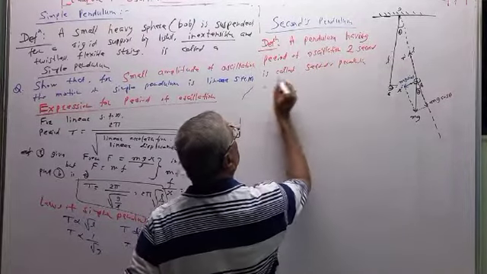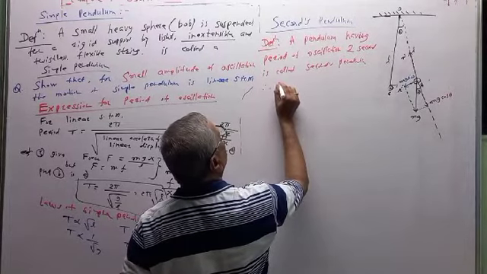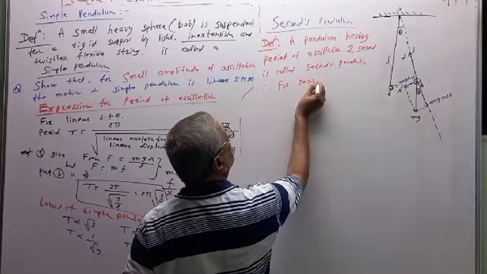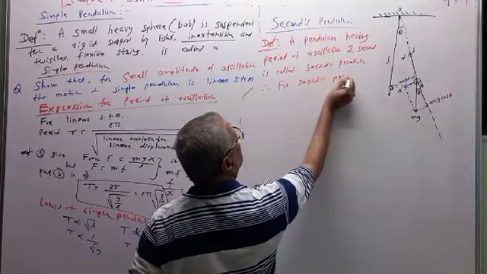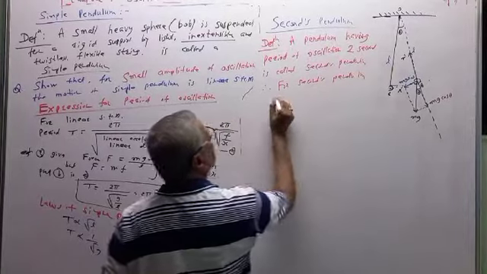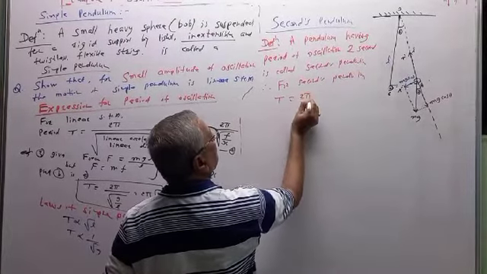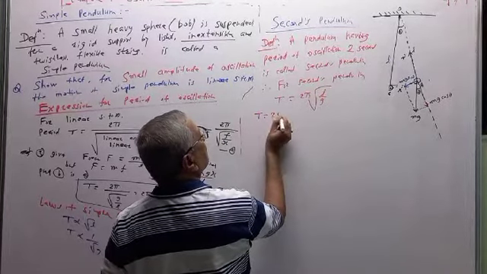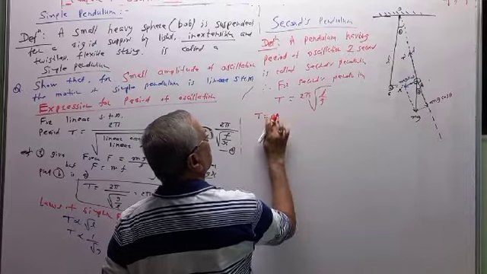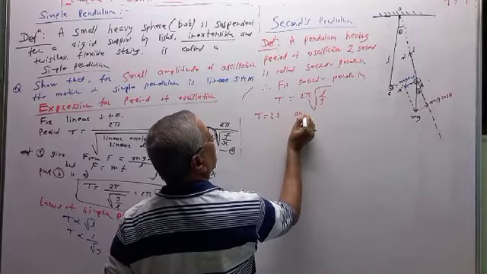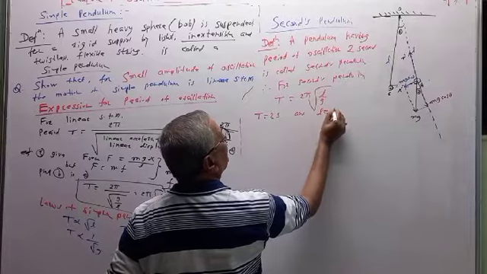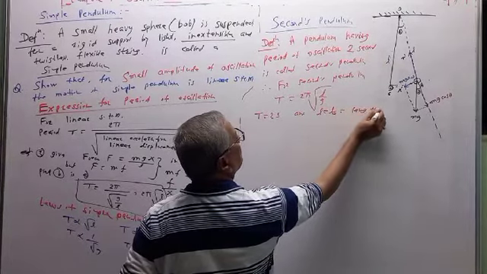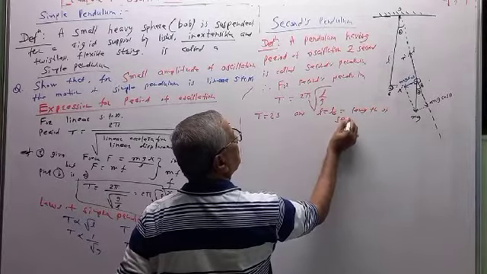Therefore, for our seconds pendulum, T is equal to 2 pi multiplied by under root L by g. T is equal to 2 seconds, and L, sometimes we denote it by Ls, is equal to the length of the seconds pendulum.